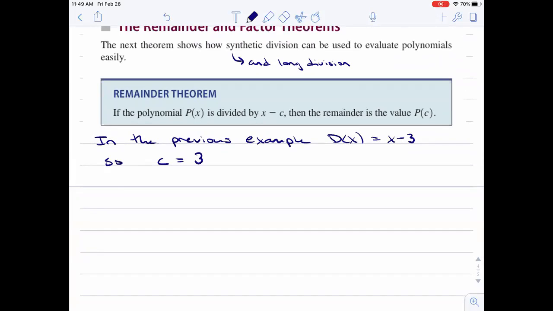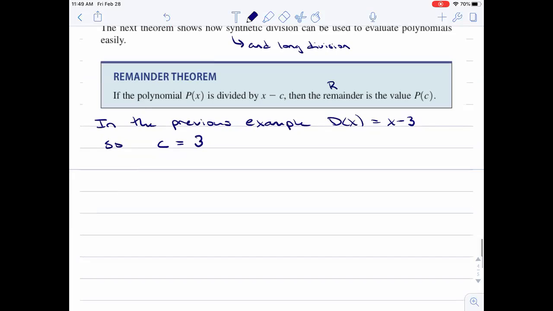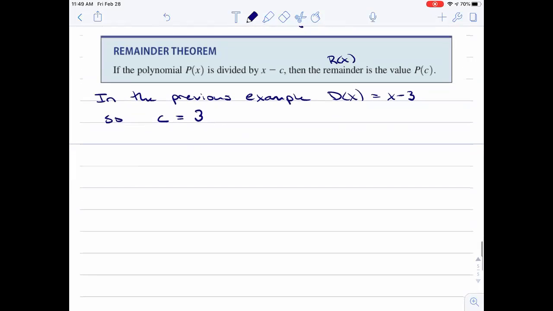Then the remainder, that 105 that we found, is p evaluated at c. That's weird, right? Our remainder r of x in our case was 105.